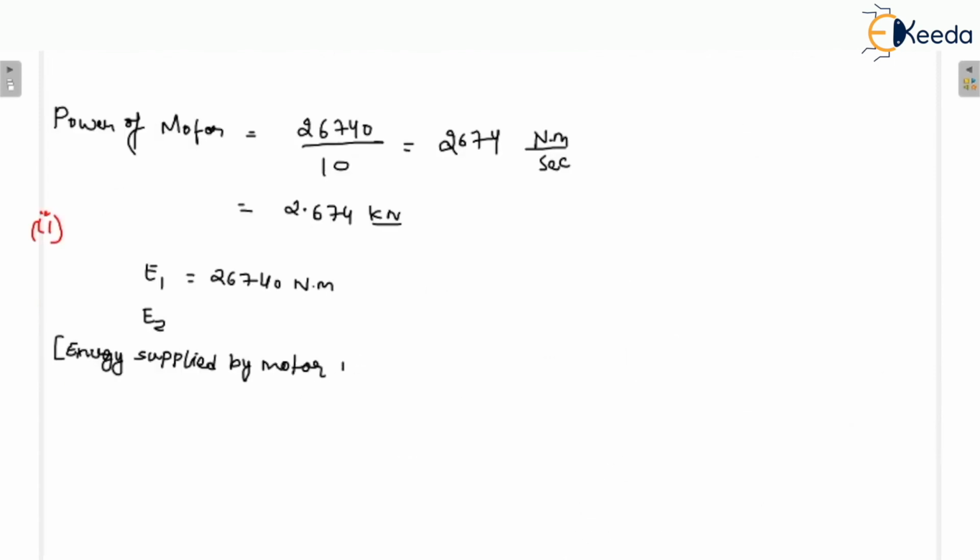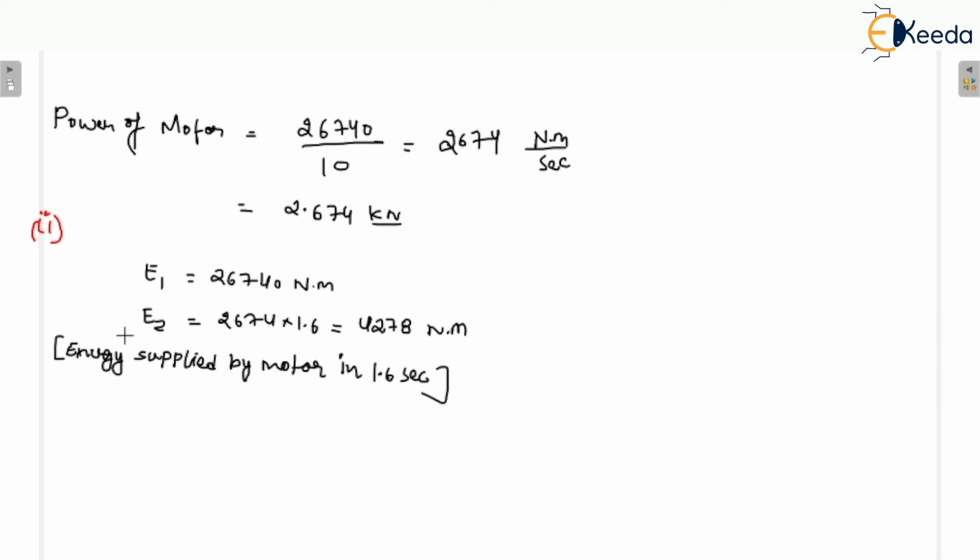So the energy supplied by the motor in 1.6 second, that would be E2 is equal to 2674 multiplied by 1.6, and you will get the value, that would be 4278 Newton into meter. Okay, so we know that this is the energy supplied by the motor in 1.6 second.